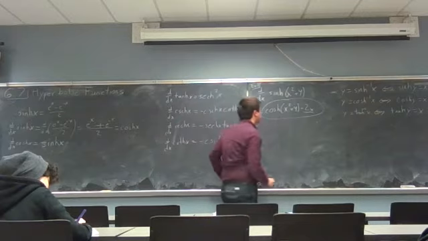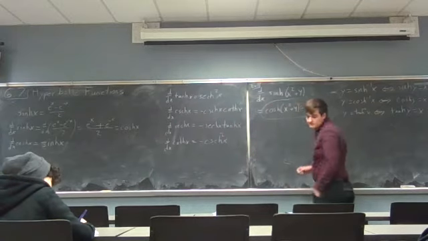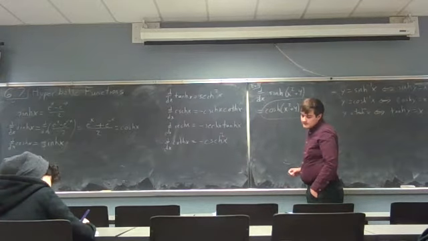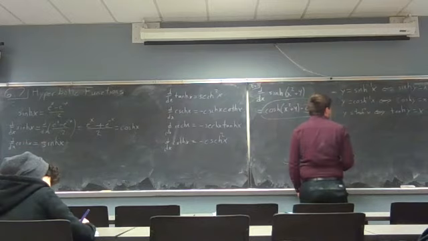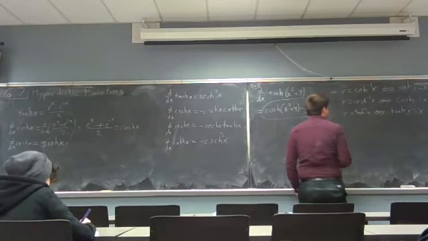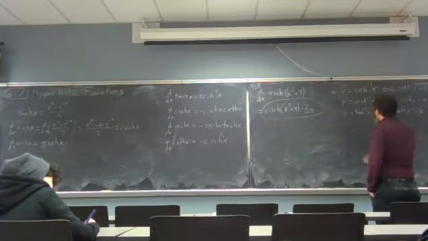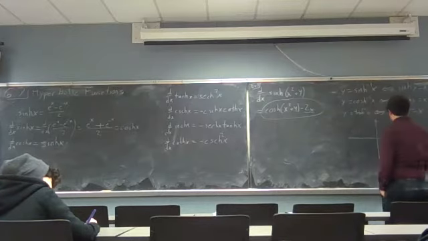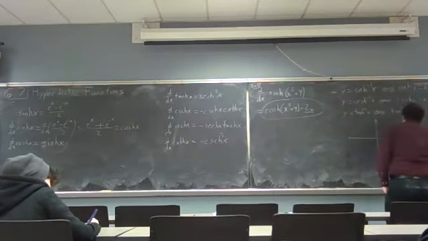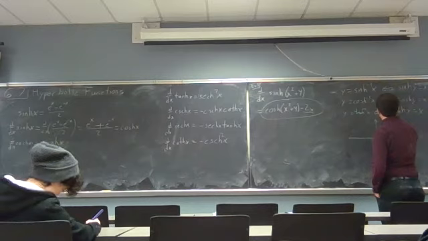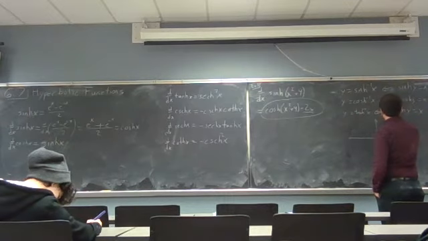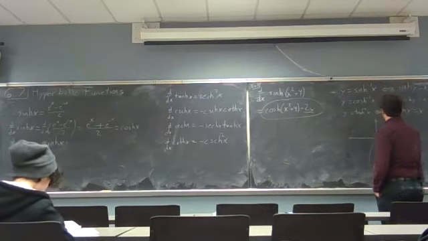But I figure we'll take some time here and draw the graphs of these, see what they look like. So sinh is pretty easy, right? Remember that the graph of sinh will look like this.